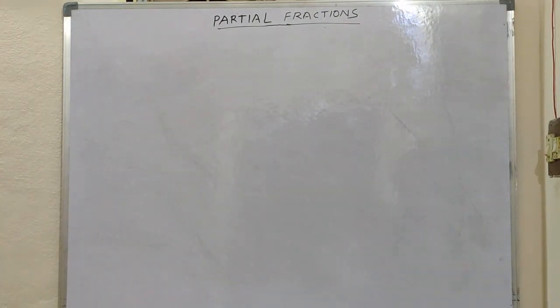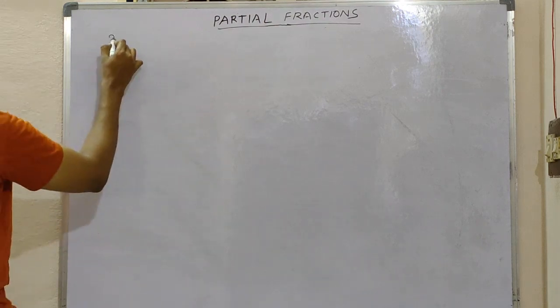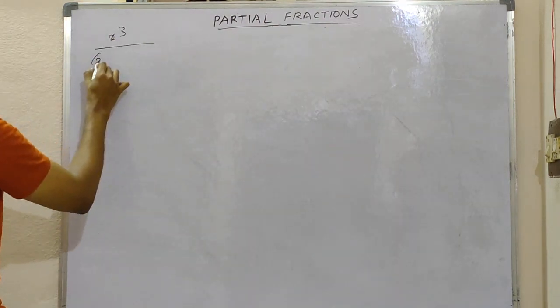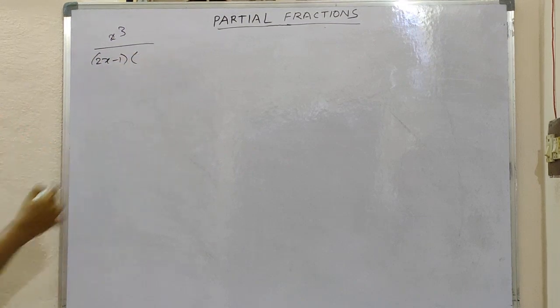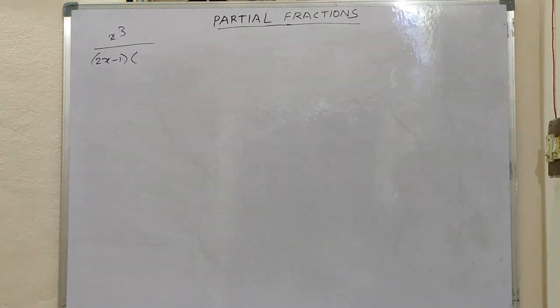So the next one is: write the fraction as the sum of partial fractions, where the given one is x cubed by 2x minus 1 into x minus 1 whole square.